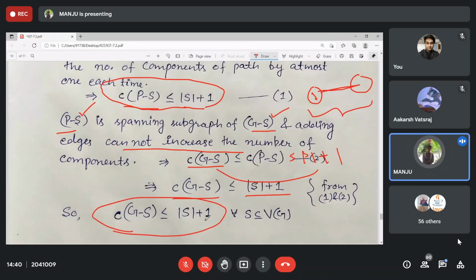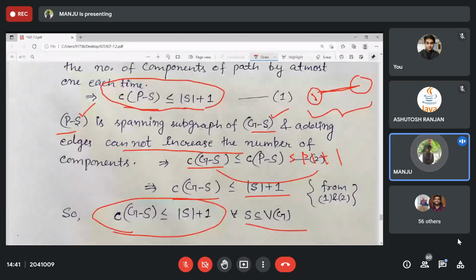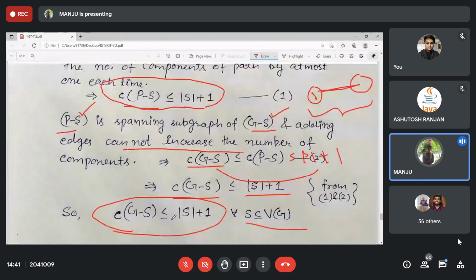As S was arbitrary, it will work for all S. Okay? Any doubt in this one?